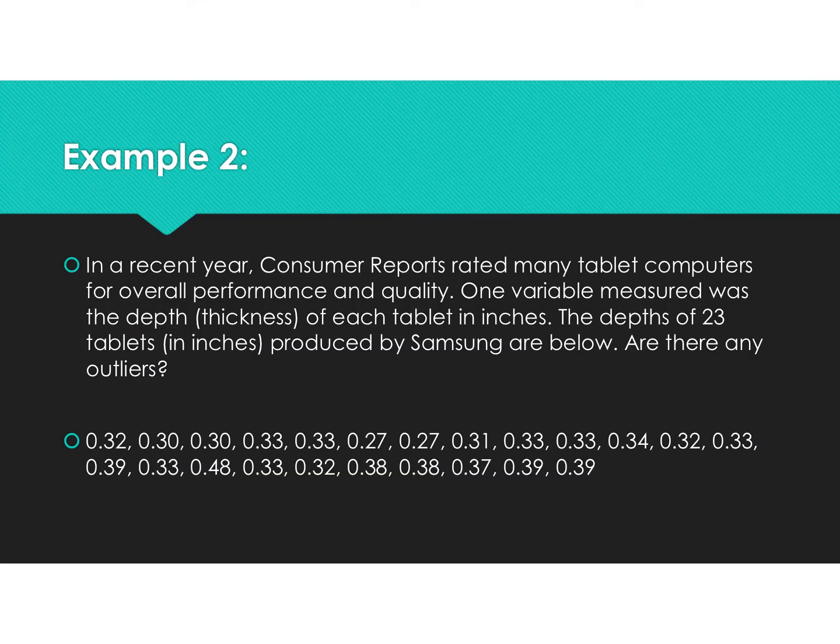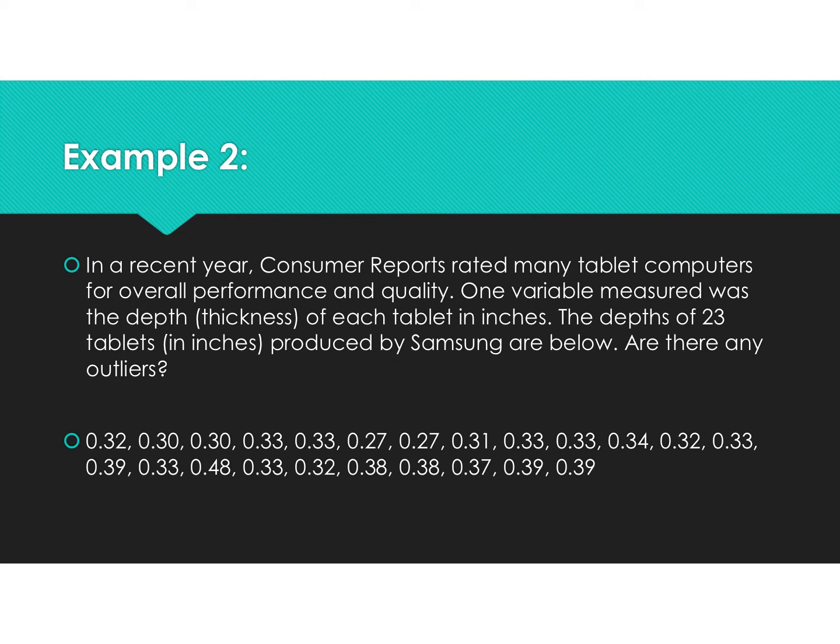Here's your next example. In a recent year, Consumer Reports rated many tablet computers for overall performance and quality. One variable measured was the depth, thickness, of each tablet in inches. The depths of 23 tablets in inches produced by Samsung are below. Are there any outliers? Okay, so your job right now is to do this problem in your notes.